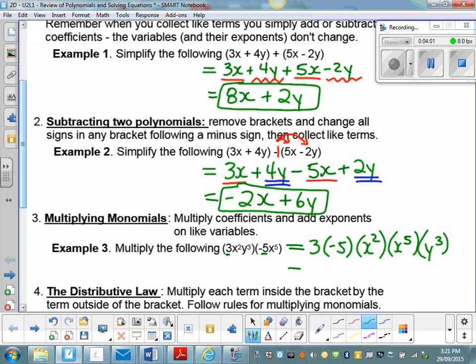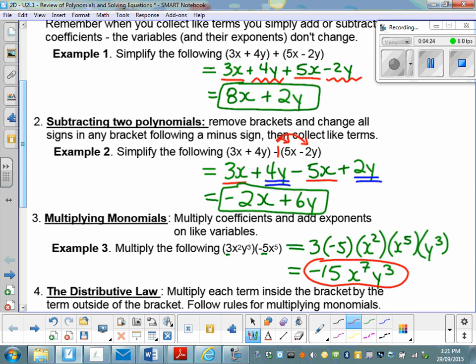And when we actually multiply all this stuff together, the 3 times negative 5 is going to give us negative 15. When we're multiplying the x terms together, we add the exponents together, so that's x to the 7, and then y cubed just goes on the end. So this is what our final answer looks like when we do this.